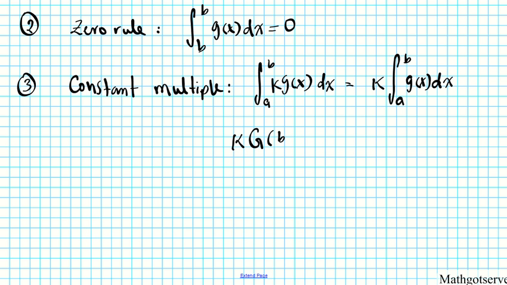Let me change the color because we're not supposed to write in this. This is just a side note. I'm just showing you why. So we're going to have k multiplied by the antiderivative of g evaluated at b minus k times the antiderivative of g evaluated at a.